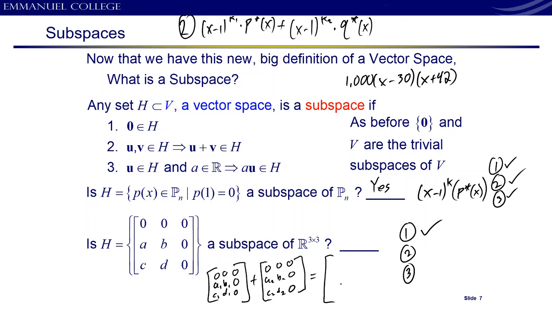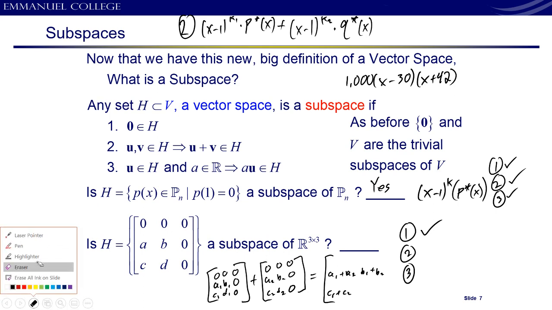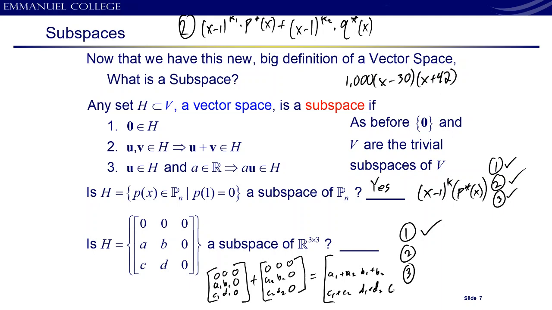And then, of course, if you add those together, you have A1 plus A2, B1 plus B2, C1 plus C2, and we get D1 plus D2, and then 0, 0, 0, 0, and 0 again, which is still in the subspace because those 4 entries are still just some real number. Doesn't matter. They're still in there.